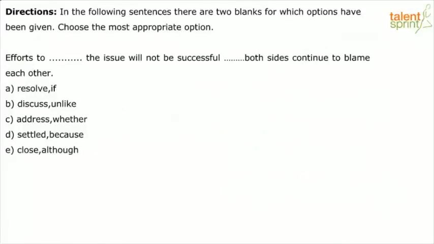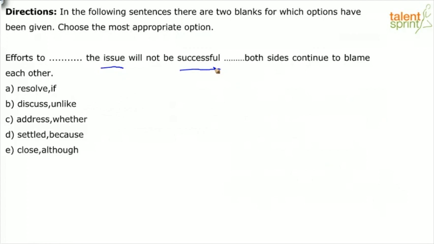The next one, efforts to dash the issue will not be successful, dash, both sides continue to blame each other. So again, we are trying to understand the meaning that the sentence is giving, right? So unless you do something, there is some issue happening, you want it to be successful, right?